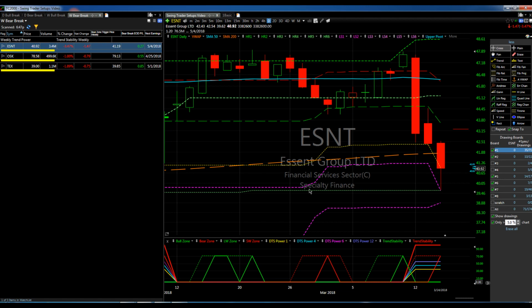I ain't making this stuff up, guys. This line was here way before today. And that's where it went to. Old resistance is what that was, an old high. Old resistance, new support. Worked well today. Whether it can hold there tomorrow, I don't know.